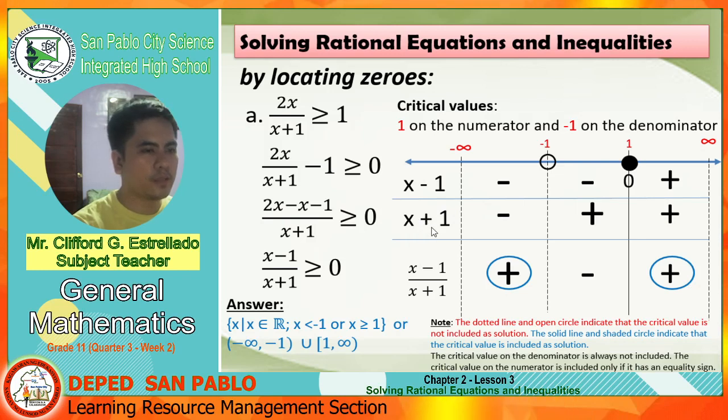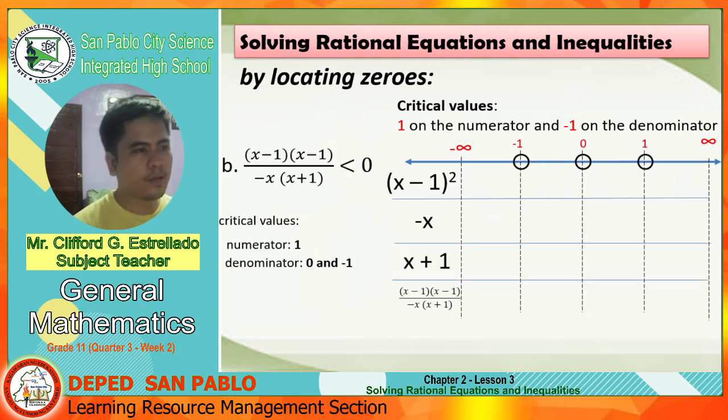Look at the second term, positive 1, so negative 1. We have a 0 on our negative 1. To the left of 0, we have negative; to the right of 0, we have positive values. Then divide: negative divided by negative is positive, negative divided by positive is negative, positive divided by positive is positive. And again, we have this solution set.